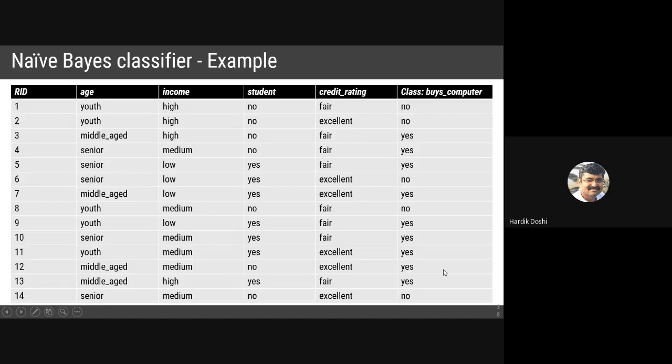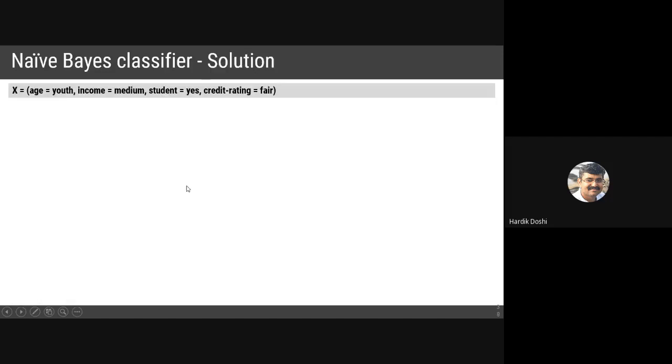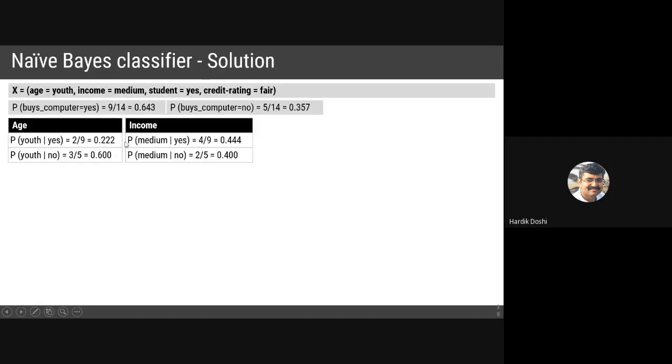So 4 yes for medium, and how many no for medium? 1 and 2. So medium yes is 4 divided by 9, because total yes records are 9. And medium no is 2 by 5, because there are 2 records with no. So that is the probability we got for income. Same we need to find for student equals yes.